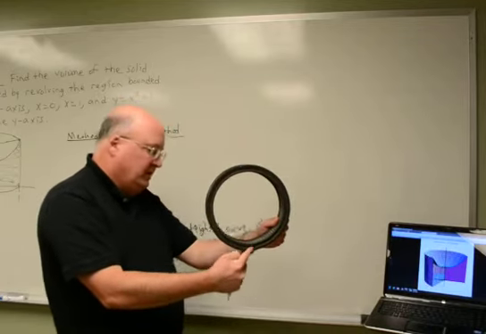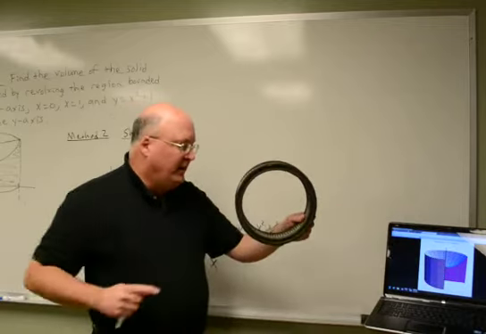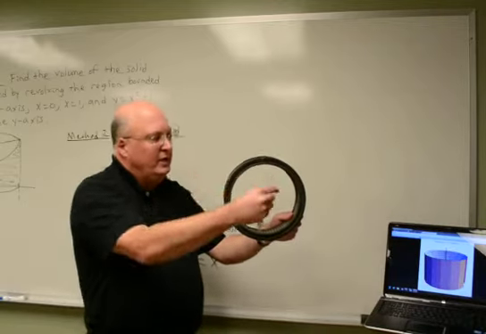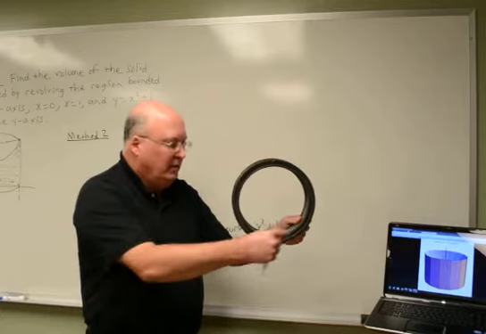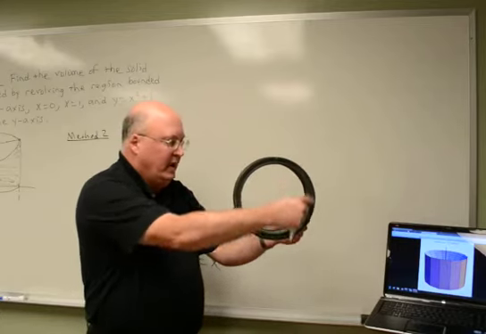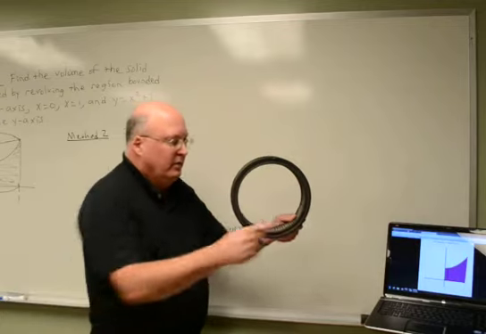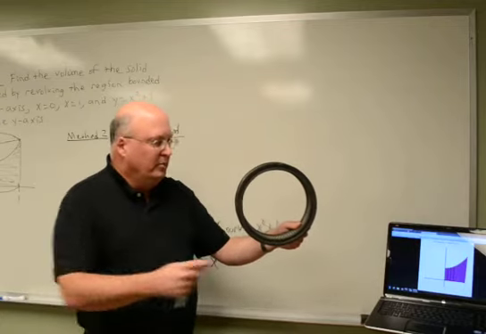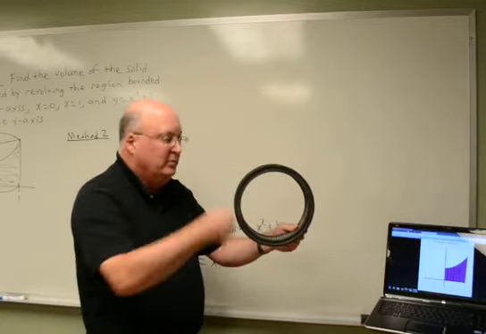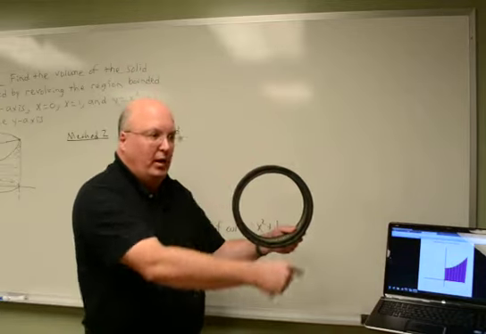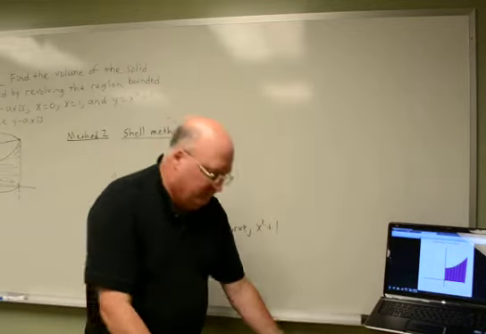The shell thickness goes up and down. What about left and right? Well, if you cut this and lay it out, it would be the circumference we have here, right? That would be the length of that box. That circumference would be 2 pi times the radius, right? 2 pi r is the circumference of a circle.